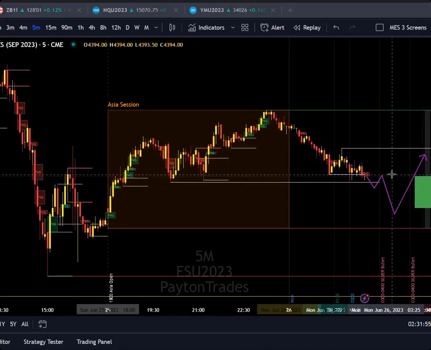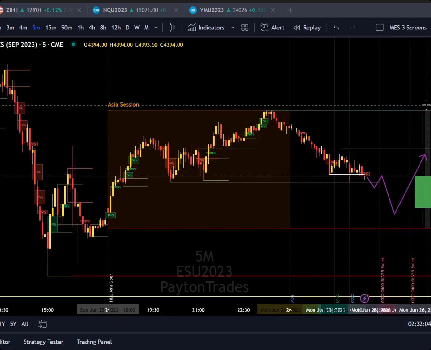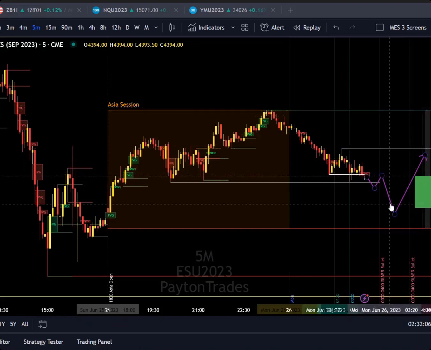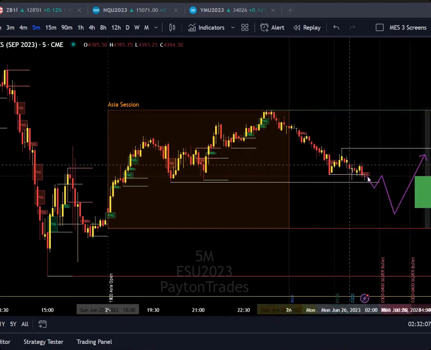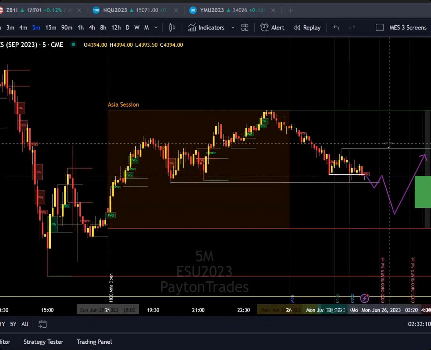Price comes back and trades into that fair value gap to support price to go higher. I take my trade when it comes back to the fair value gap, and I trade up. But because price is on the downward trend, I'm looking for it to break a high.